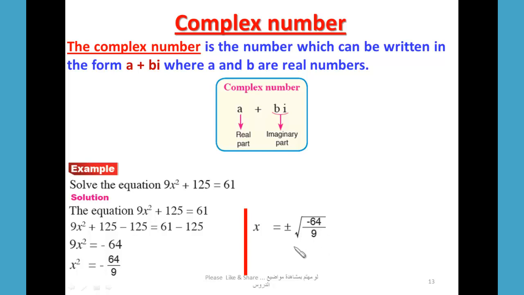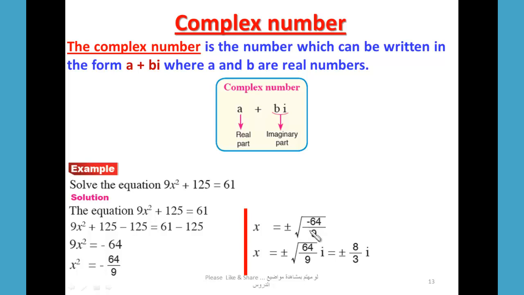And don't forget, we have two solutions: one of them is positive and the other is negative. We can write x equals positive or negative square root of 64 over 9 times i, as root negative 1 equals i.